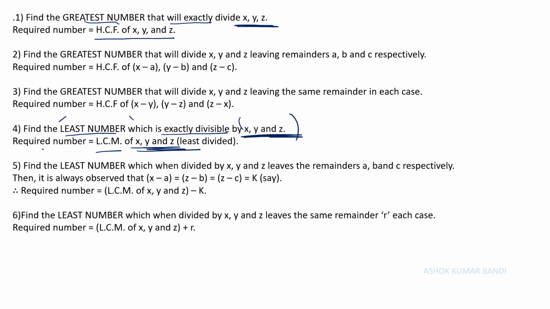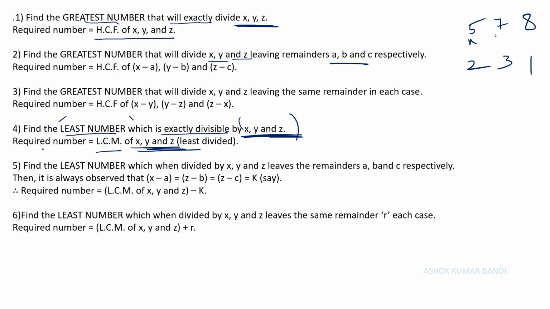So like that, we have different formats. For example, find the greatest number that will divide x, y, z, leaving a, b, c as remainders. For example, if we are dividing with 5, the remainder is 2. If you're dividing with 7, the remainder is 3. If dividing with 8, the remainder is 1. Then what is the greatest number that will give you that kind of answer?